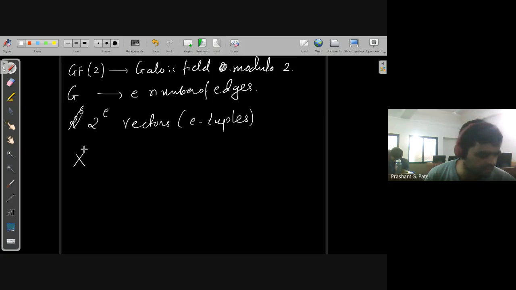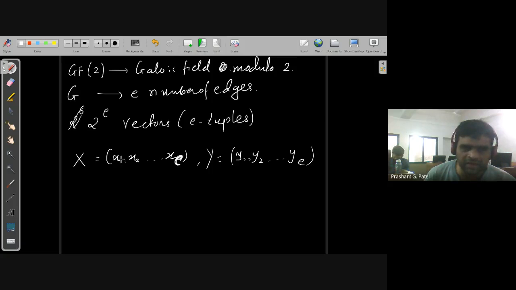With that we can define one vector x, which is x1, x2 up to xe, and another vector y, which is y1, y2 up to ye. I should write e because the number of edges we have considered is e. Now x1, x2 up to xe are either 0 or 1, and similarly for y.